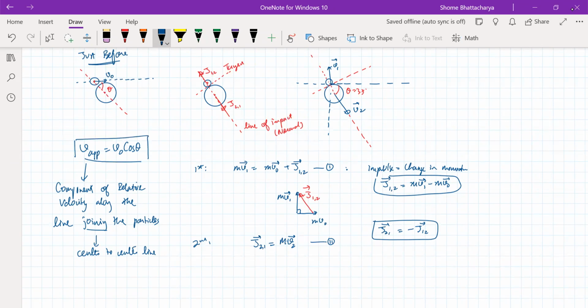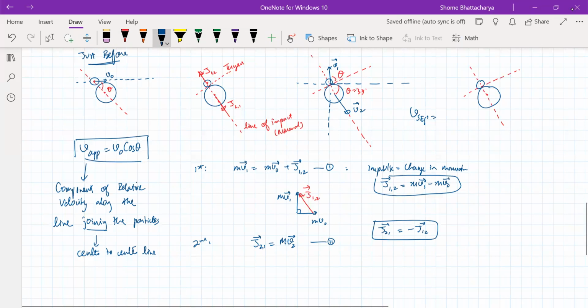Similarly, in this diagram, what is the separation velocity? First we'll have to find the relative velocity of V1 and V2, then we can find it. We'll have to divide V1 into components here. V2 is already in the correct direction, no? So V2 is already along the center to center line, but V1 is the one whose components we'll have to make.